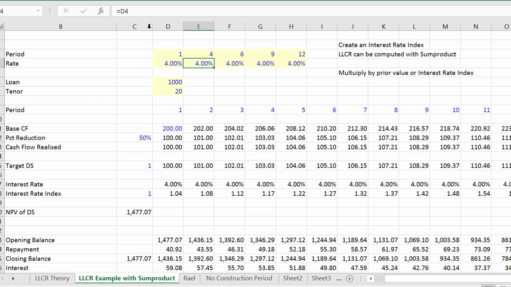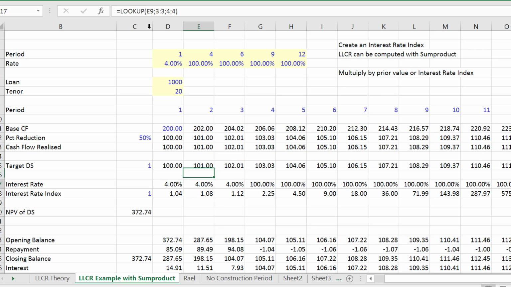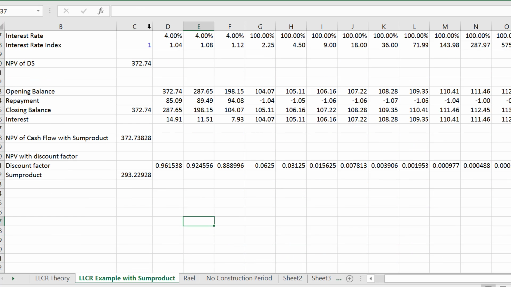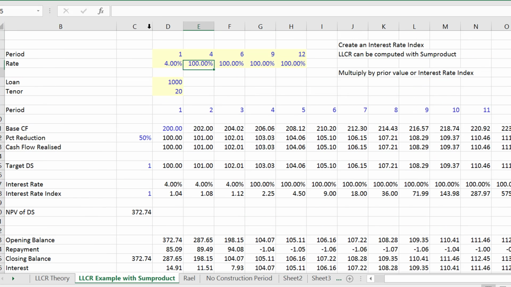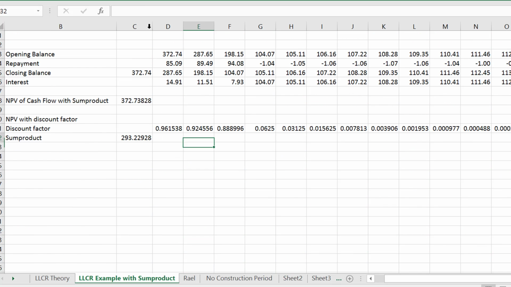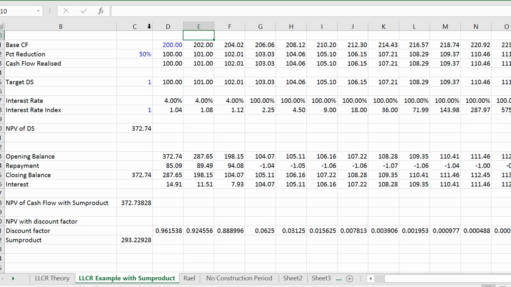But if the interest rate changes, if it goes to 100%, then the value of the debt changes. This cash flow had a much, much lower value than this one.